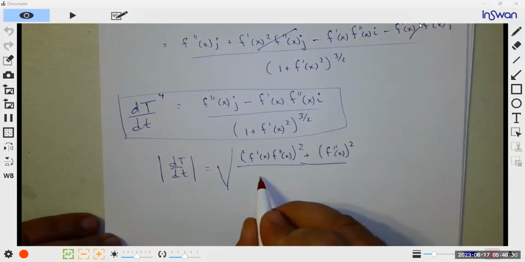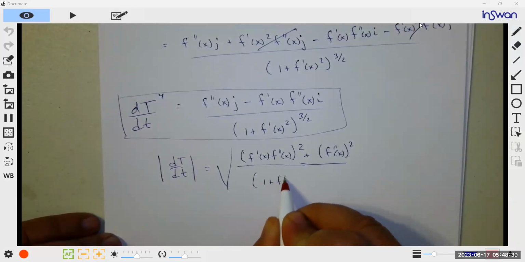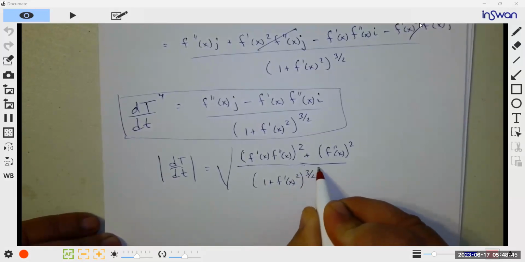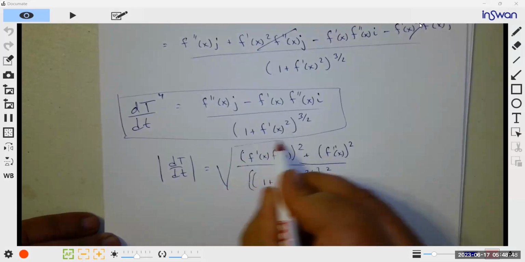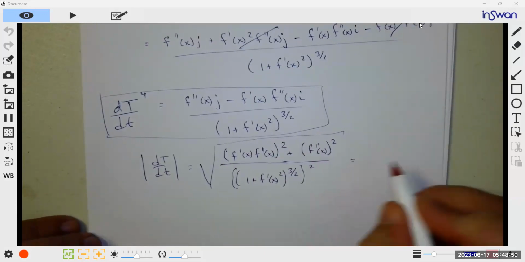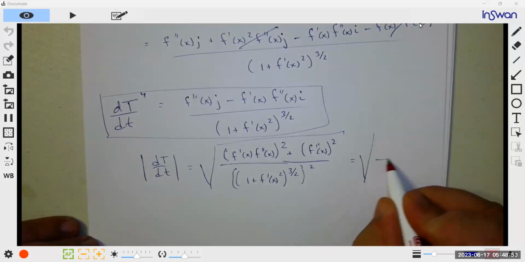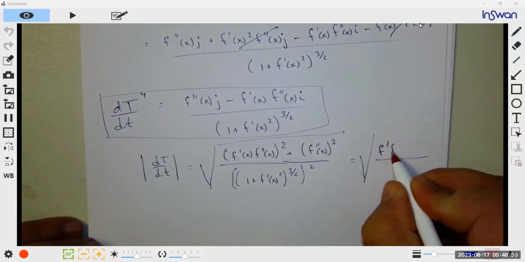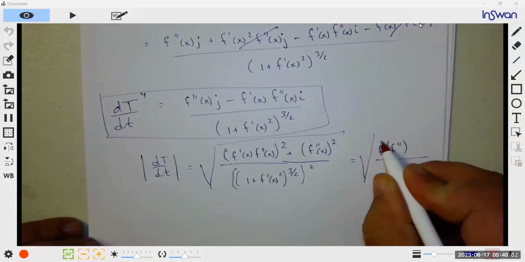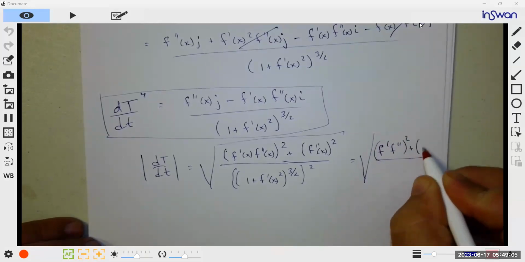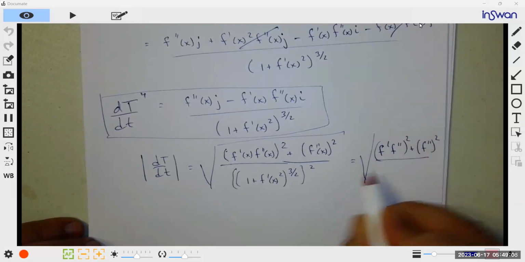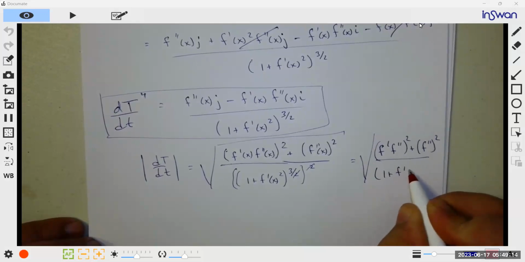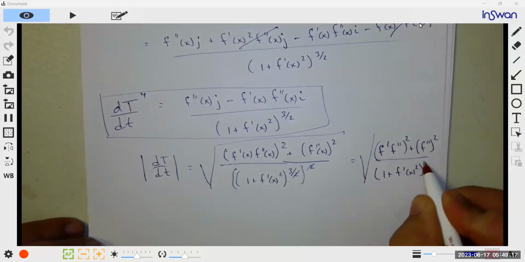That's the i and j all over 1 plus f prime of x squared to the 3/2 power. That's squared: f prime f double prime squared plus f double prime squared. Those cancel, so we have 1 plus f prime to the power 3.